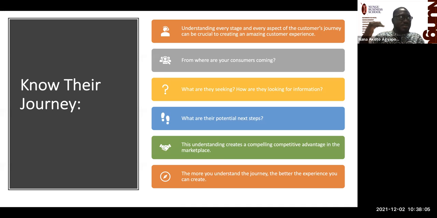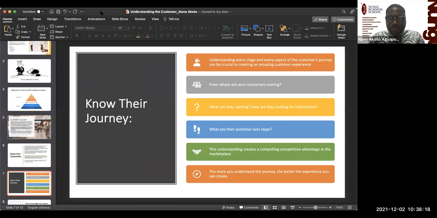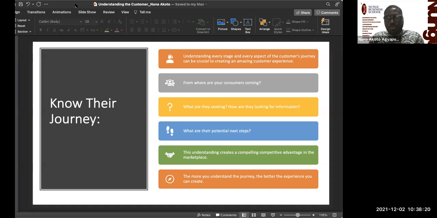If it's very high, then you put in a lot more effort to close the deal a bit faster. And then this understanding creates a compelling competitive advantage in the marketplace. The more you understand the journey, the better the experience you can create.